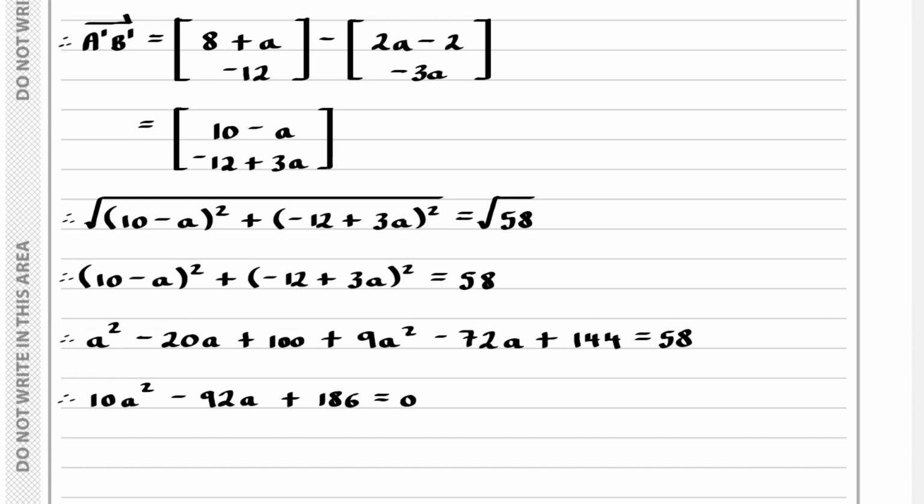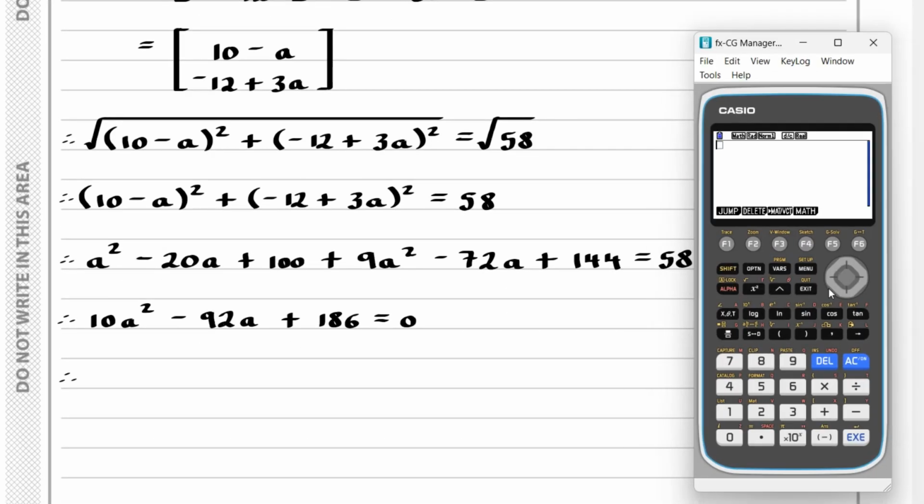And if I simplify, I end up with 10a squared subtract 92a plus 186 equals 0, which means if I attempt to solve for a, we can use our calculator for this. I've got 10a squared subtract 92a plus 186, so I get 31 over 5 and 3 as the values of a.